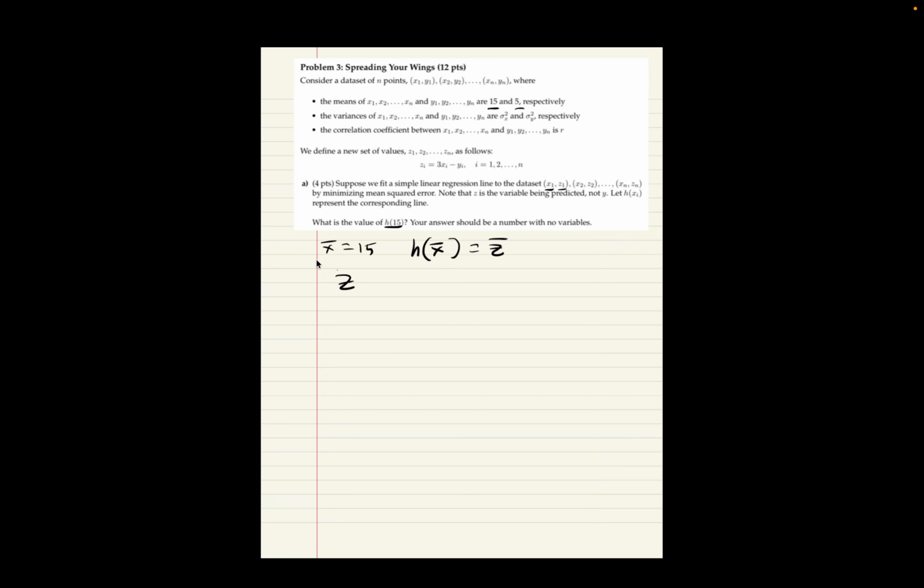Well, we can write this directly using the definition of the mean, but applied to what we know about z from the problem. We can expand out the sum and its 1 over n coefficient.